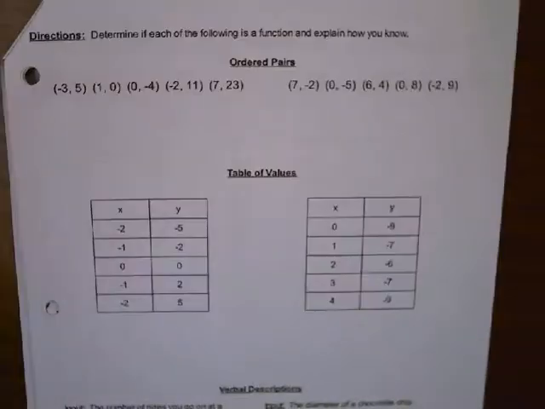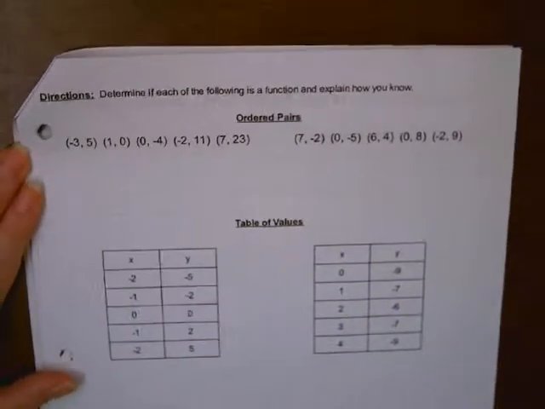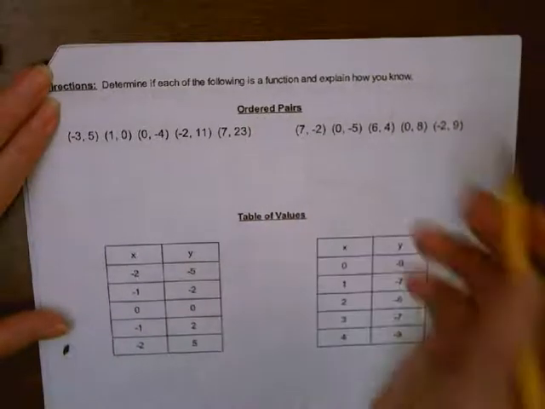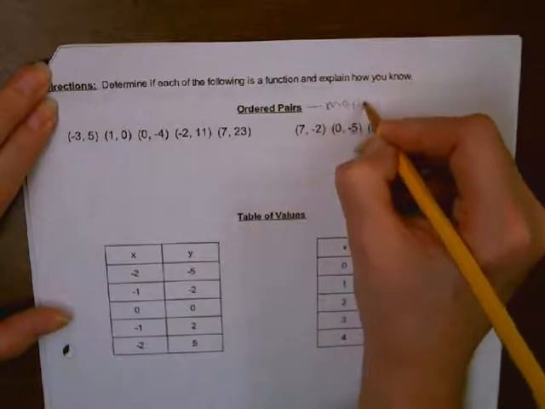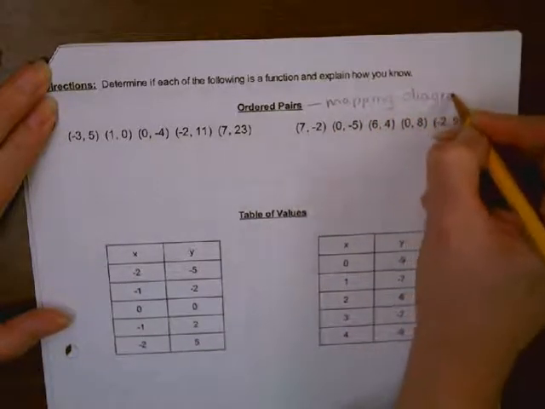Okay? Now, we have a definition of a function, and we're going to take a look at some ordered pairs. The easiest way to do ordered pairs is to use a mapping diagram.